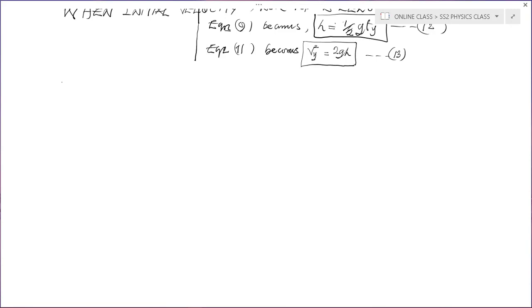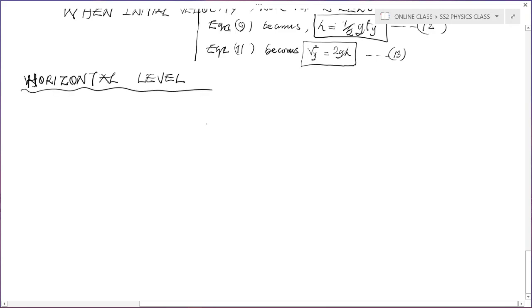When theta is not given, horizontal level. We consider many categories at this point.